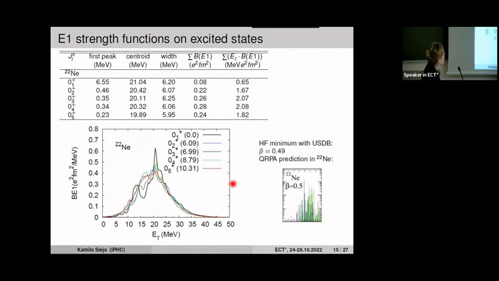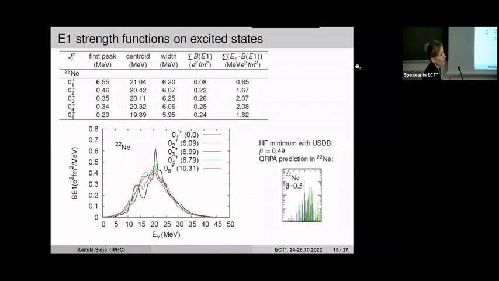Here I give you the energy of the first peak in all these calculations, the centroid, the width, and the summed strength up to 10 MeV: the sum rule up to 10 MeV and the energy weighted sum rule up to 10 MeV. While the centroids and widths are similar, and you could say on this basis that the Brink-Axel hypothesis holds for the GDR, the details, especially at low energy, are quite different.